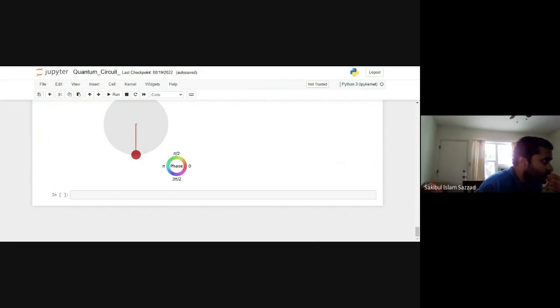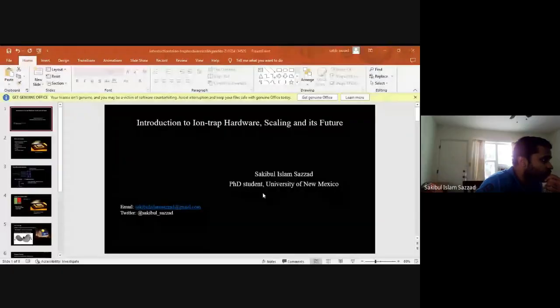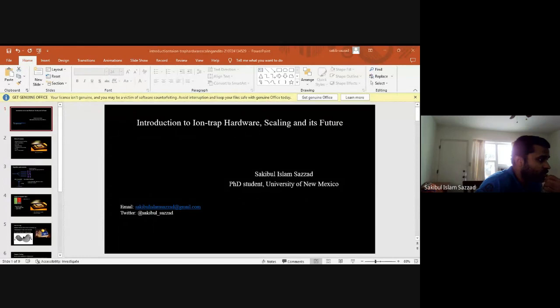And also a quick representation of how ion traps work. I think I can give a quick intro: how we can make computation in an ion trap, and what the architecture for an ion trap is.